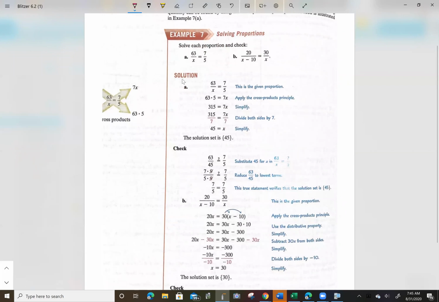Example 7 is question A, 63 over x is equal to 7 over 5. If we cross multiply, then we are multiplying x times 7, and we get 7x. And then we multiply 5 times 63, and you get 315.